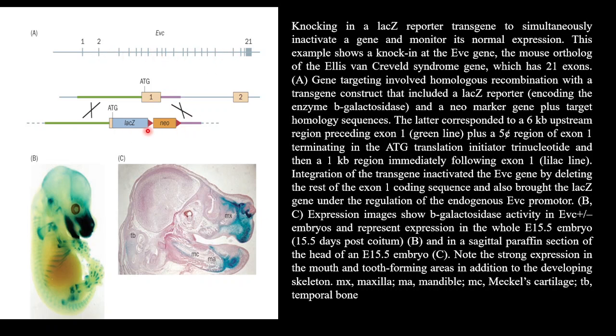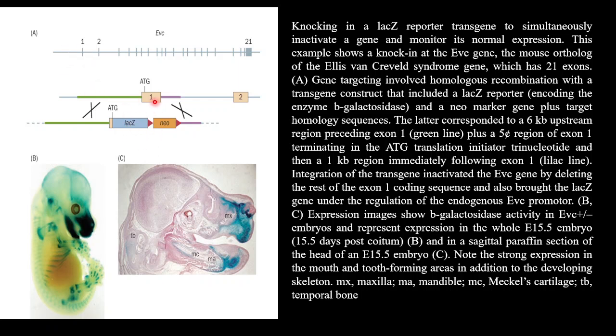They integrate the LacZ gene along with the neomycin marker. So now this LacZ gene is with the promoter of the EBC gene and with the ATG codon. Rest of the exons, rest of the sequences were deleted because of the integration of the LacZ gene.